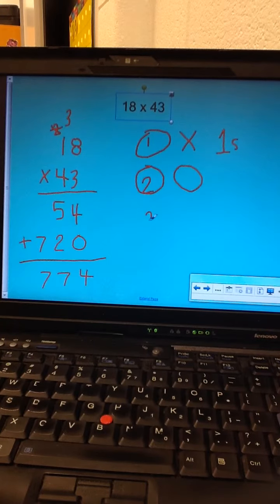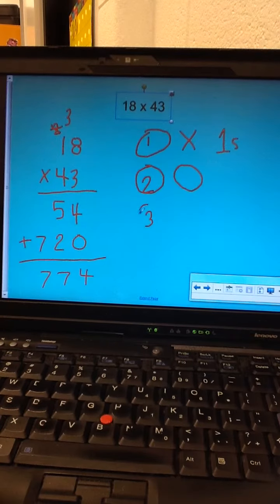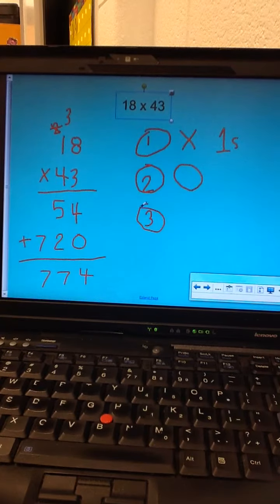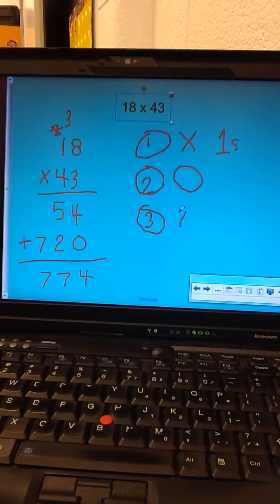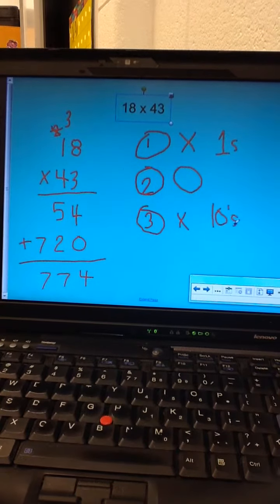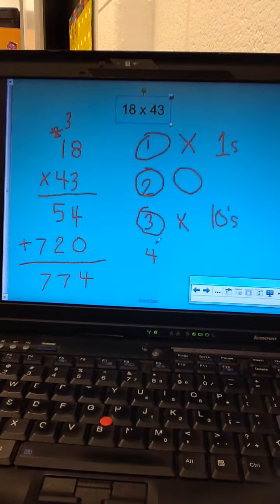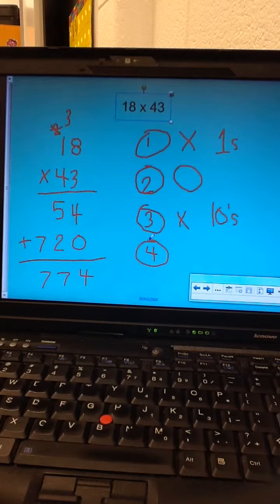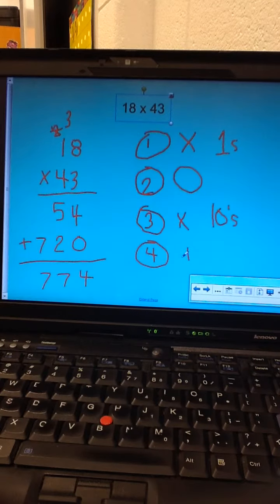Then our third step is to multiply the tens place. And the fourth step is to add. So 4 steps that you have to complete.